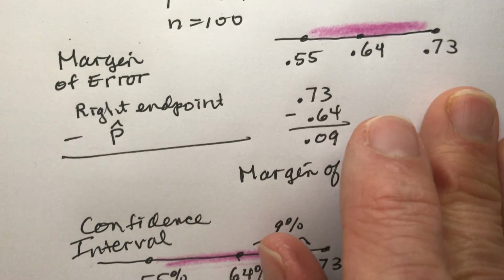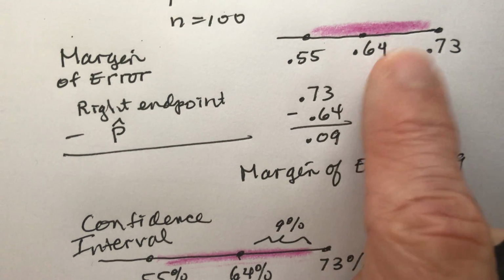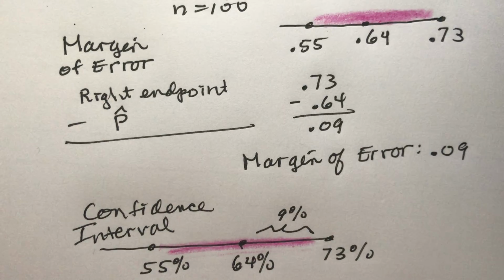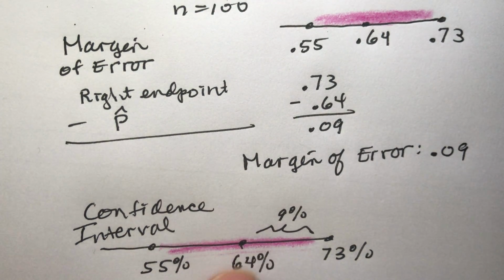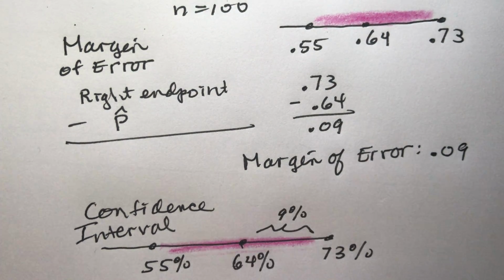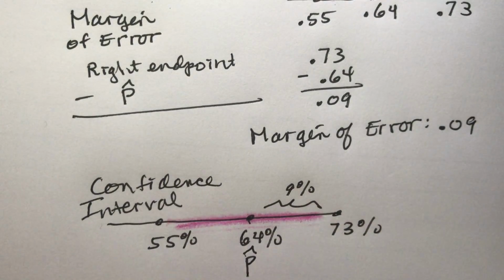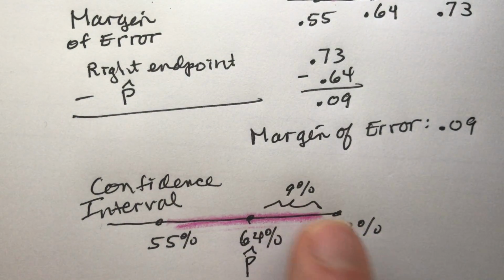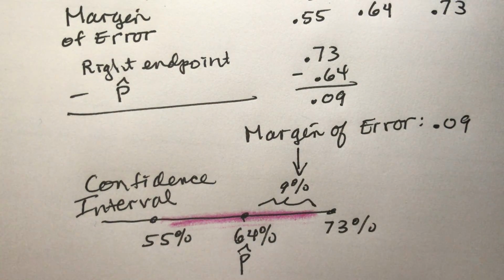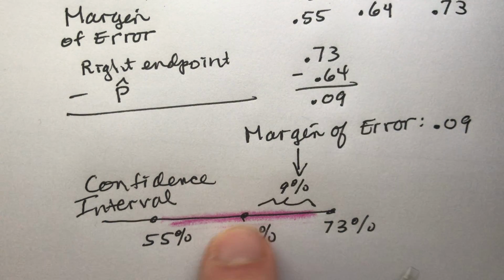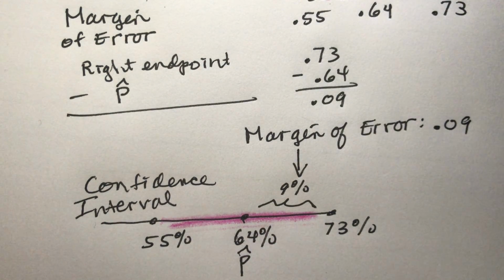It's probably mathematically better to write it in terms of real numbers rather than percents. In the middle is our p hat, and then we have the left and right endpoints. And this distance here is the margin of error. The margin of error is the distance between p hat and the right endpoint.